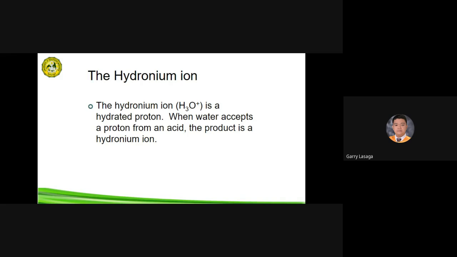So the hydronium ion is a hydrated proton. So when the water accepts a proton from an acid, the product is a hydronium ion. So hydronium ion is formed when water will accept a proton from our acid.